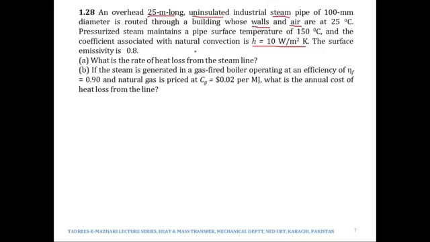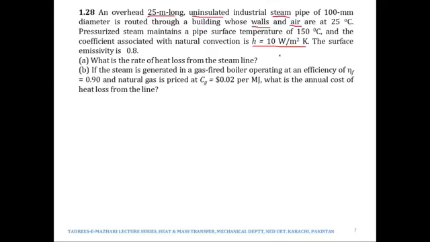When it says the coefficient associated with natural convection is 10, this would be the convection coefficient between the outer surface of the pipe and the surrounding air, because h cannot be this small if it is carrying steam.